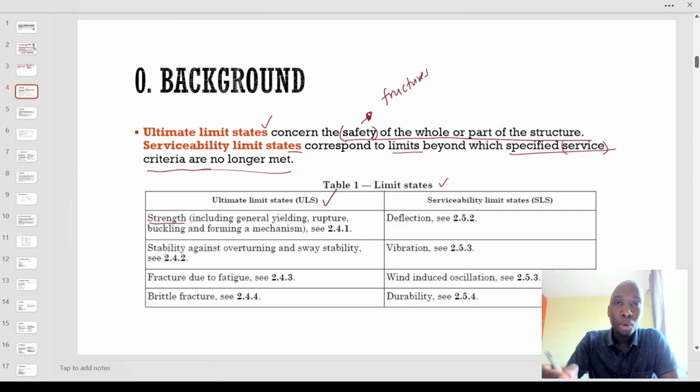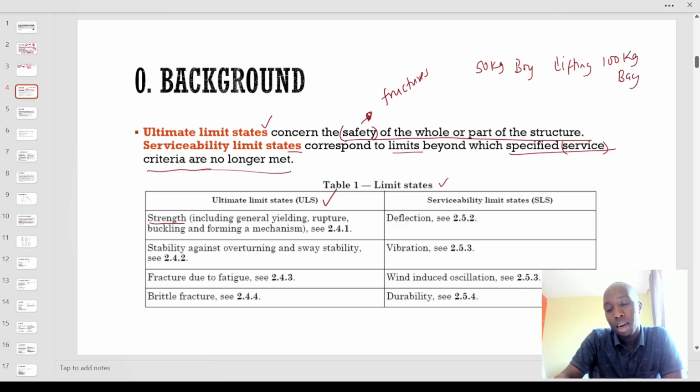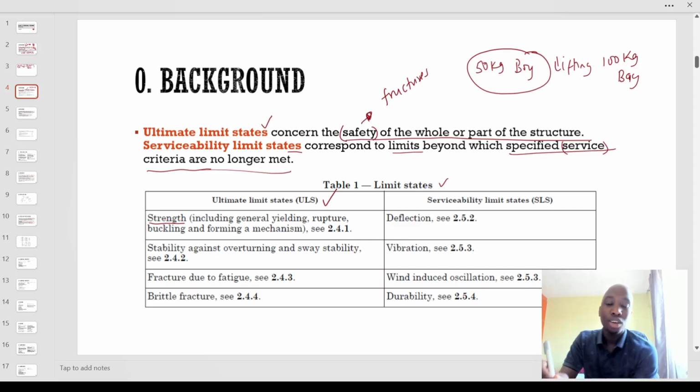For example, just try to imagine a 50 kg boy lifting a 100 kg bag. So can we say this boy is strong? Maybe somebody can tell me if the boy is strong.